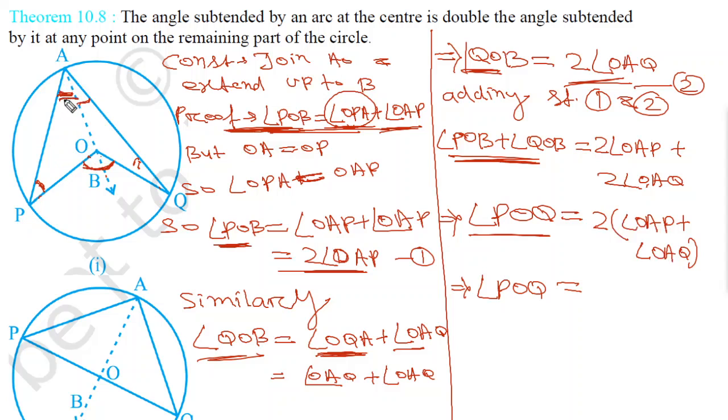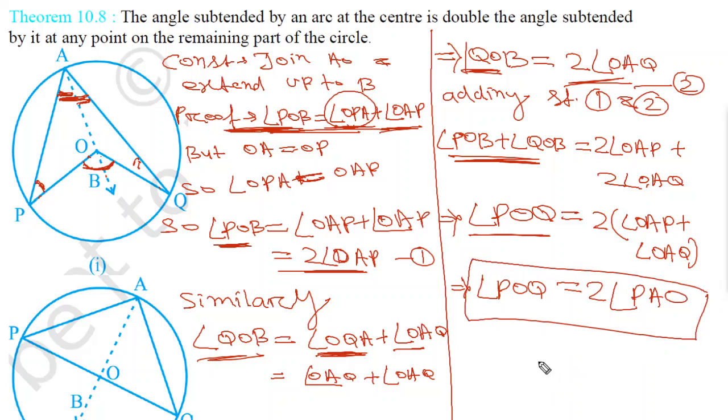OAP, this angle, plus OAQ, this angle, will be the angle A or angle PAQ, we can say. So 2 into angle PAQ. This is what we needed to prove. Okay, so hence you can write proved. Now we have proved that angle POQ is equal to 2 into angle PAQ.